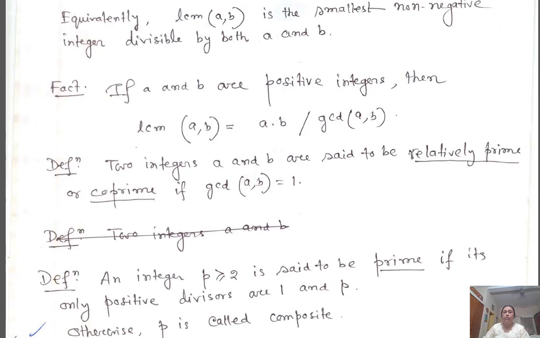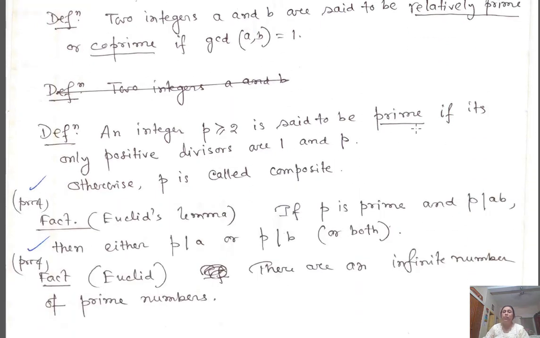And relatively prime: two integers are relatively prime, or co-prime, whenever their GCD is 1. So these terms we are going to use frequently in cryptography. Choose two integers which are co-prime or relatively prime. So we just go through these things once.